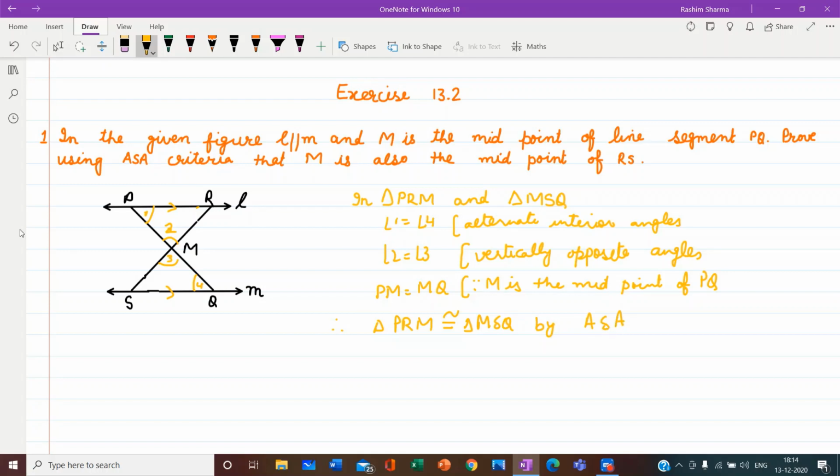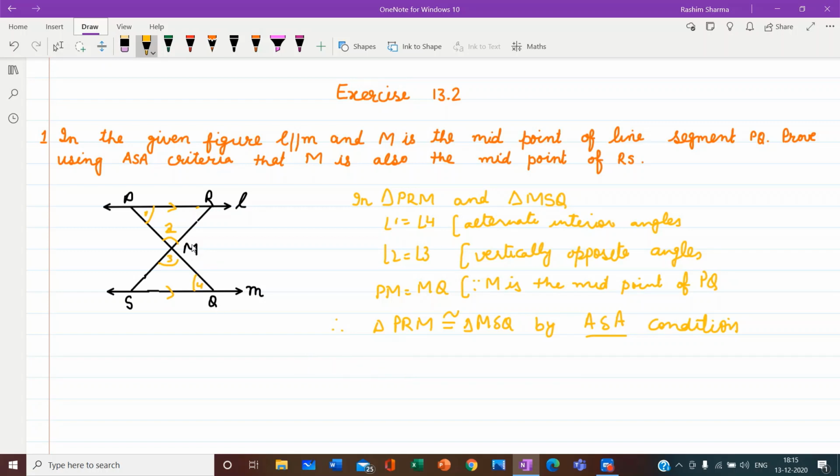Here you can see angle 1 and 2, and the side PM we have taken. Side PM is the included side of angle 1 and 2. Okay, so by ASA condition. Now triangles have become congruent, so it means we can equate their other parts also.